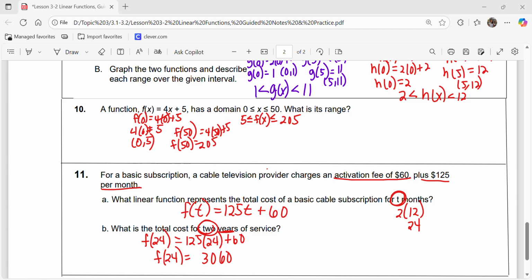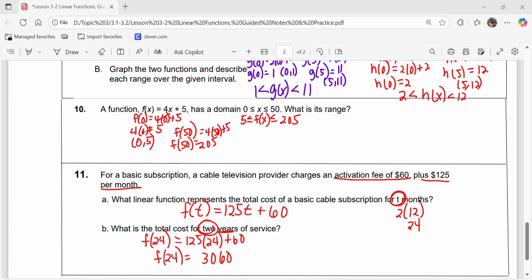So then work inside out. 0.04 times 6 is 0.24. Add that to 1 and is 1.24. And then multiply that by 450. And at the end of the 6 years, Paulo would have $558 invested in his account.